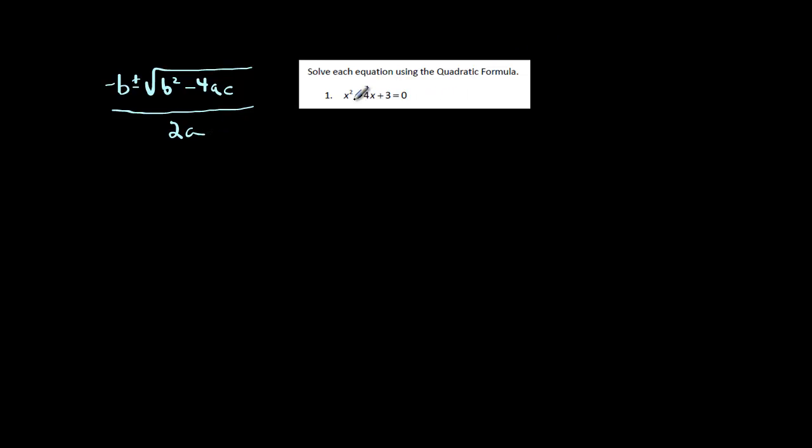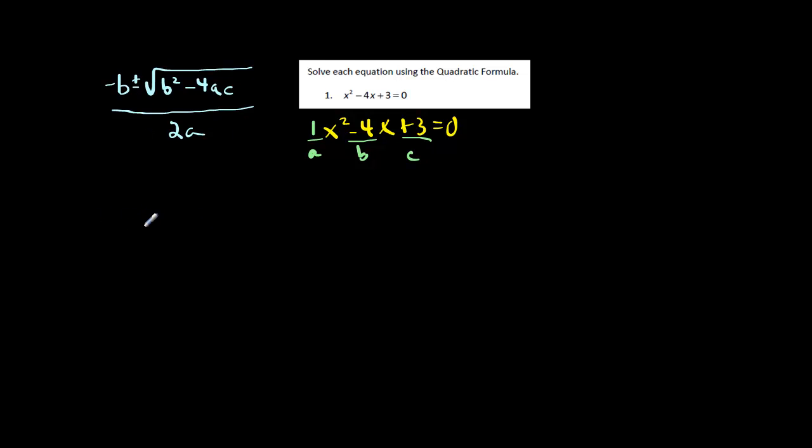So when we're going to use that in order to solve this, we can look at this equation, see that our a is 1, our b is -4, and our c is 3. So we're going to substitute those values into the quadratic formula.